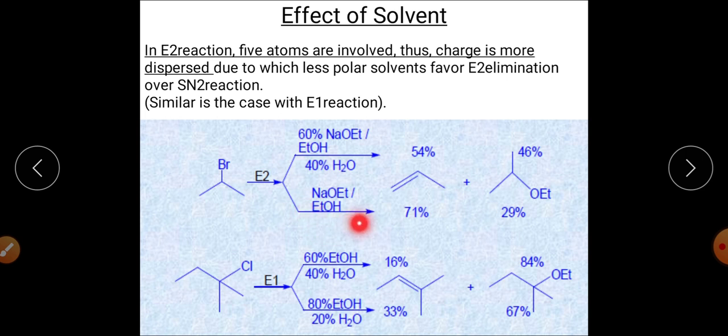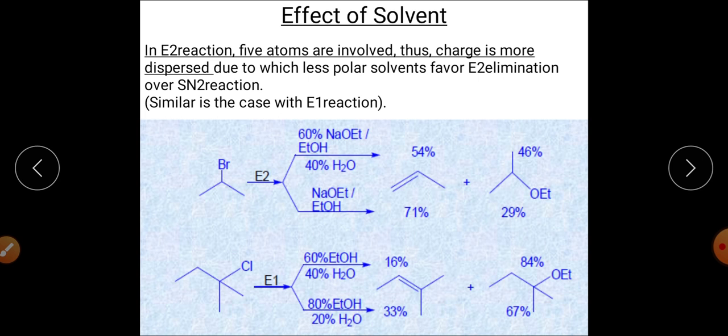When we have a less polar solvent, you can see that E2 will be more as compared to SN2. So elimination will be favored and substitution is not favored in this case.